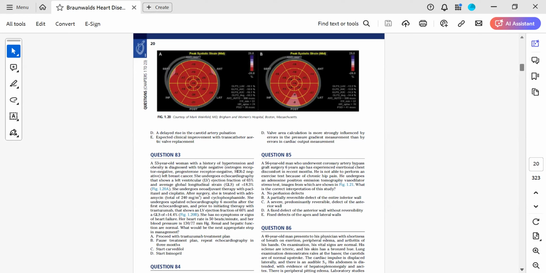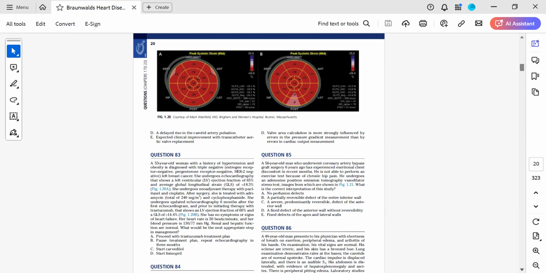So for this patient, our GLS reduced from minus 18.3 to minus 14.4%. Sorry, I just want to make the calculation now. 18.3 minus 14.4, so the difference is 3.9%.